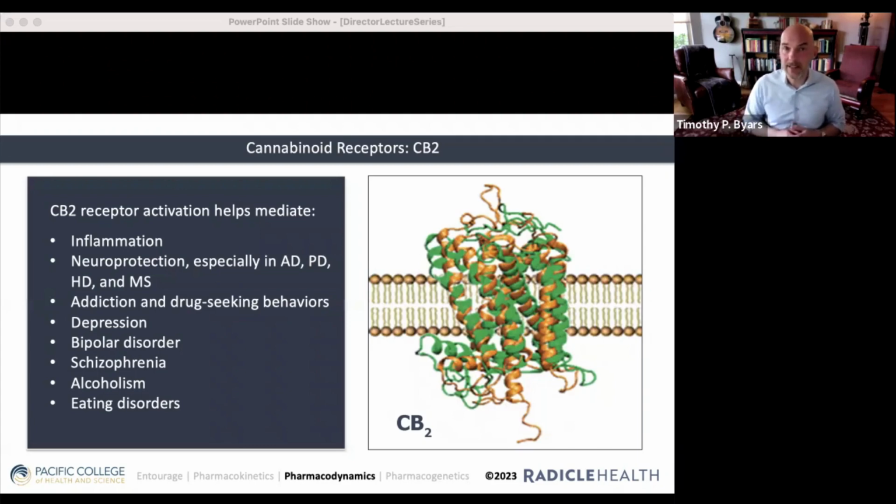I don't like to say that CB2 activation is non-psychoactive, because depending on the effect, it can be psychoactive, just not in the same way that we associate with CB1. And this is the list of things that CB2 receptor activation helps to mediate. Again, these are well documented in the literature.